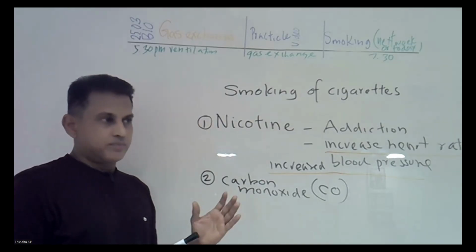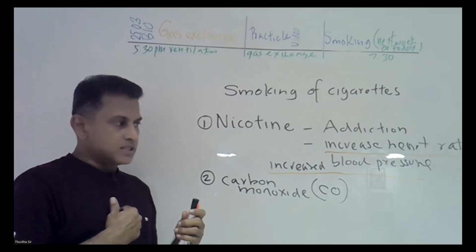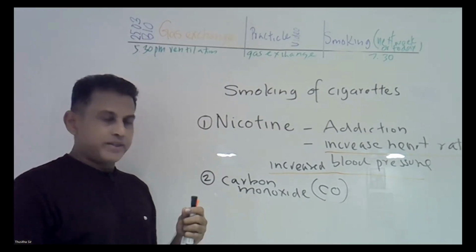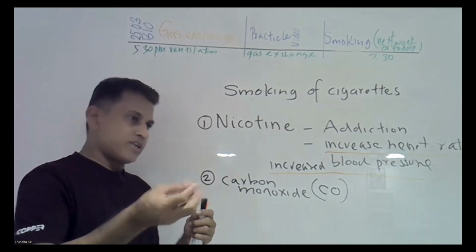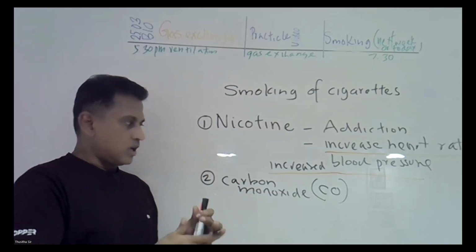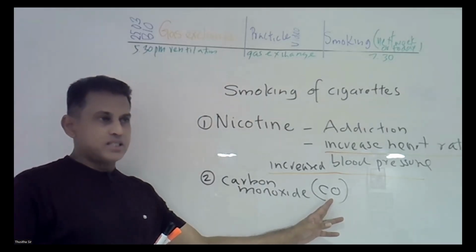Hemoglobin carries oxygen. Oxygen binds in the lungs, and then hemoglobin goes with the red blood cell to other places, then they release oxygen for respiration. So carbon monoxide binds to hemoglobin and reduces oxygen carrying capacity.